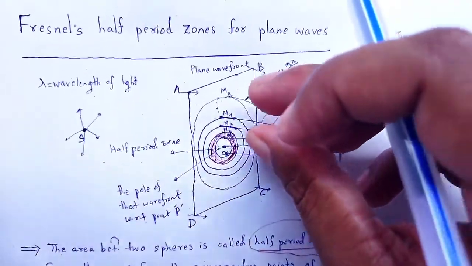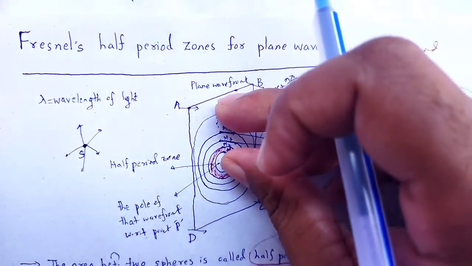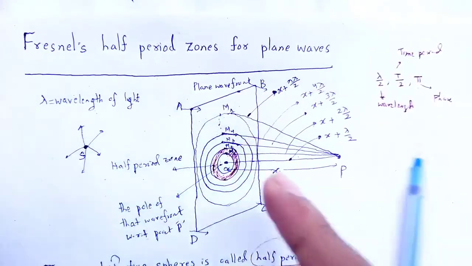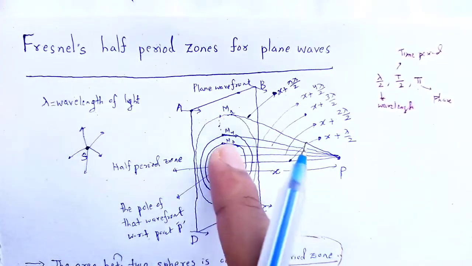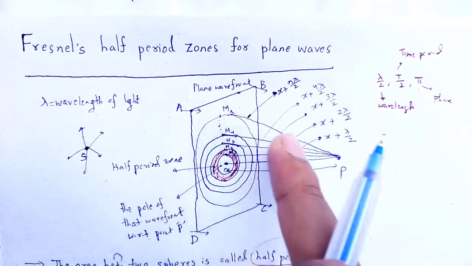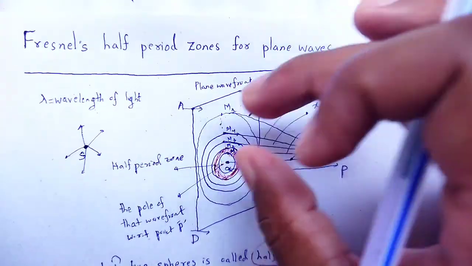Let the radius of the nth half period zone be OMn. From the triangle OMnP, which is a right angle triangle, we can use the Pythagoras theorem to evaluate that radius OMn.